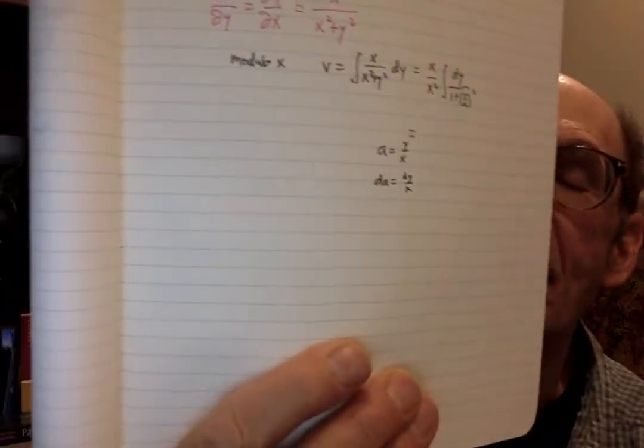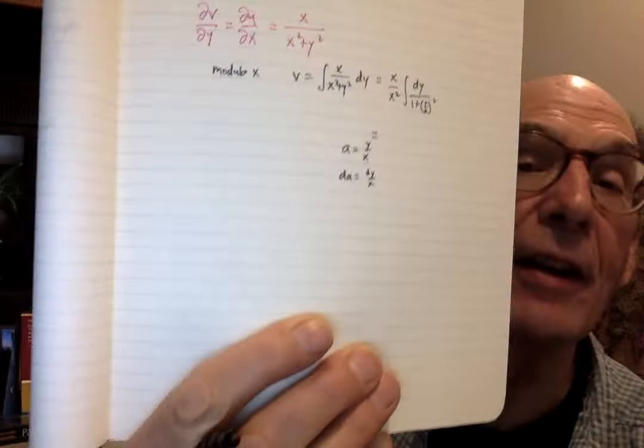So dA, this looks weird, I know, is dy over x, keeping track of what's a constant and what's not. When I do the substitution in this integral, I've got dy over x, so this is just the integral of dA over 1 plus a squared.